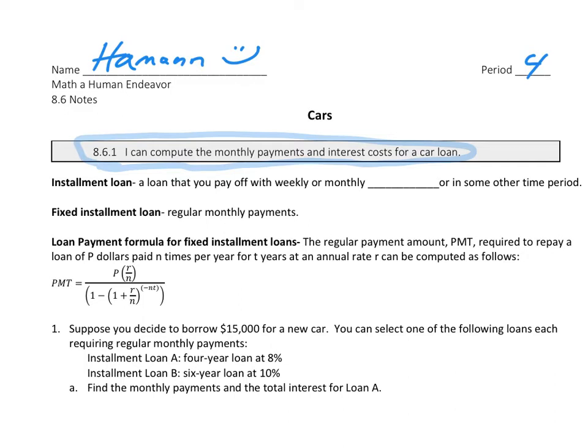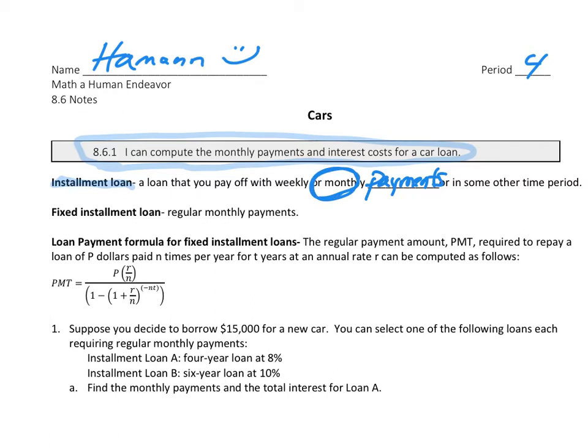So what we can do is called an installment loan. And that loan is simply a loan that you pay off with weekly or monthly payments. And usually it is monthly. So like my car loans are monthly.